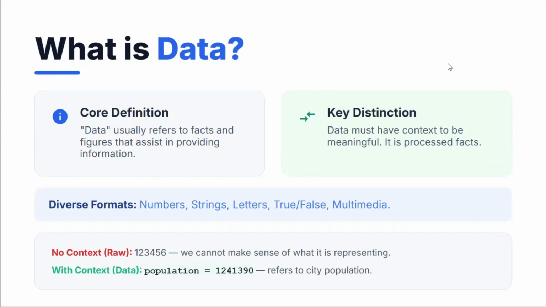Okay. Now the core definition of data is data usually refers to facts and figures that assist in providing information. Like I have earlier mentioned to you, what is census and how platforms like Amazon, Google, Facebook, they all have our data, right? They all have our details such as name, place, where all we have visited.